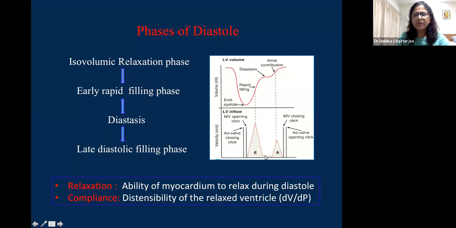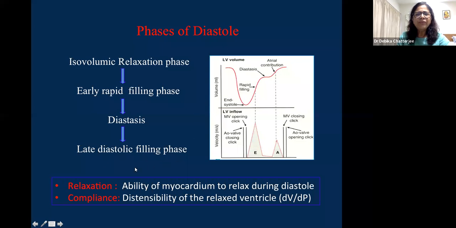Now the rest 20% of the blood which is remaining in the left atrium is ejected to the left ventricle by atrial pump, or we say late diastolic filling phase. So that gives the A wave during the atrial contraction.